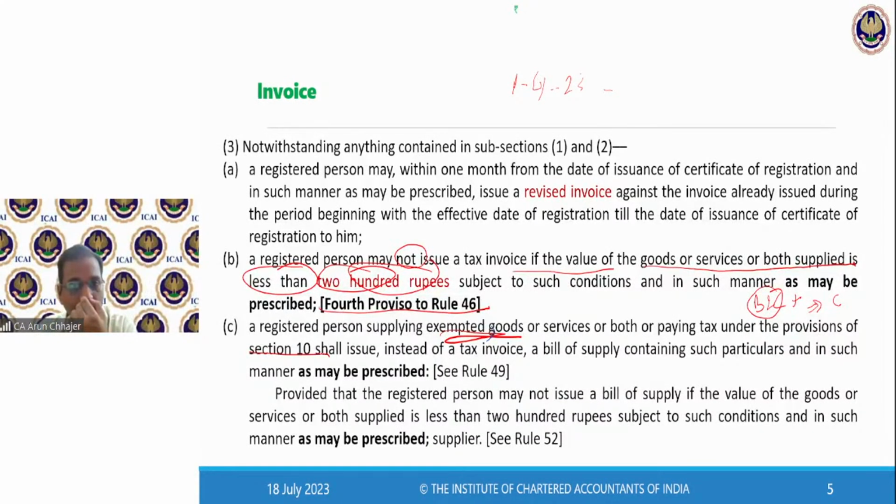So in two circumstances, he is allowed to issue the bill of supply. One, if supplier is registered as a composition levy, and second, if the supply is of exempted goods or services. Again, here the consolidation is also possible, the less than 200 point would be the same applicable here also.